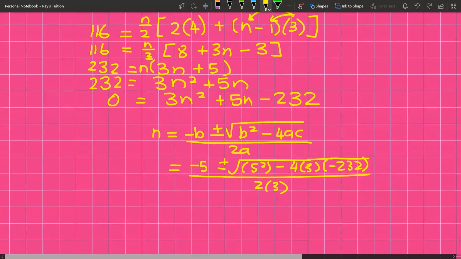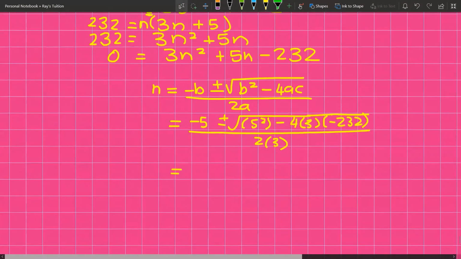Let's simplify that further. So we have minus 5 plus or minus the square root of 25 minus 4 times 3 times minus 232, which is the square root of 2809, all over 6.